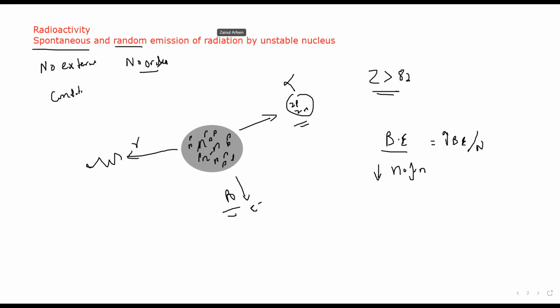So there is no order like the first radioactive element emits alpha, then the next emits beta, then the third one emits gamma, or it can again emit alpha. And spontaneous means external factors such as temperature, pressure, and the state of the substance do not affect the emission of these radioactive radiations.